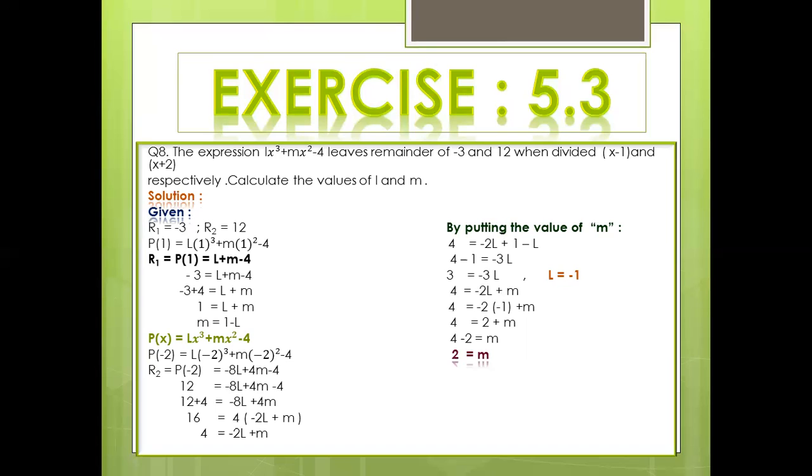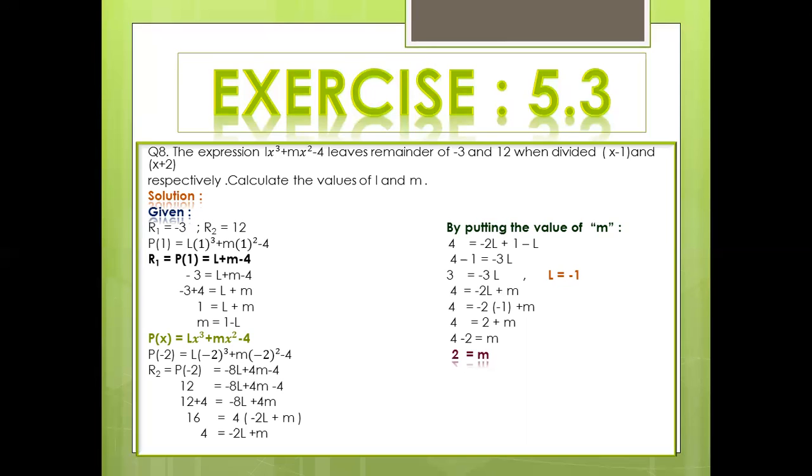The cube of minus 2 is minus 8. Minus 8L plus 4m minus 4. Here again, the second remainder is given, 12. 12 is equal to minus 8L plus 4m minus 4. We shift minus 4 to the other side. It becomes 16 is equal to minus 8L plus 4m.